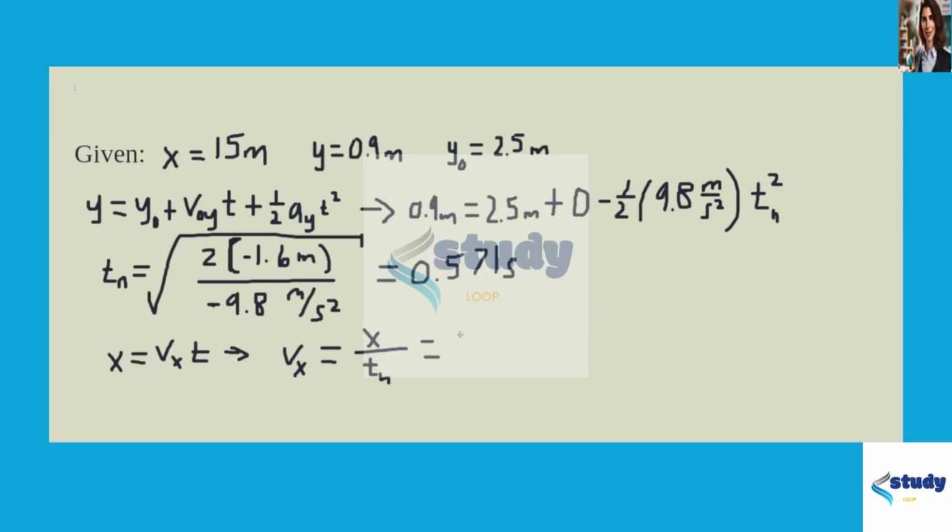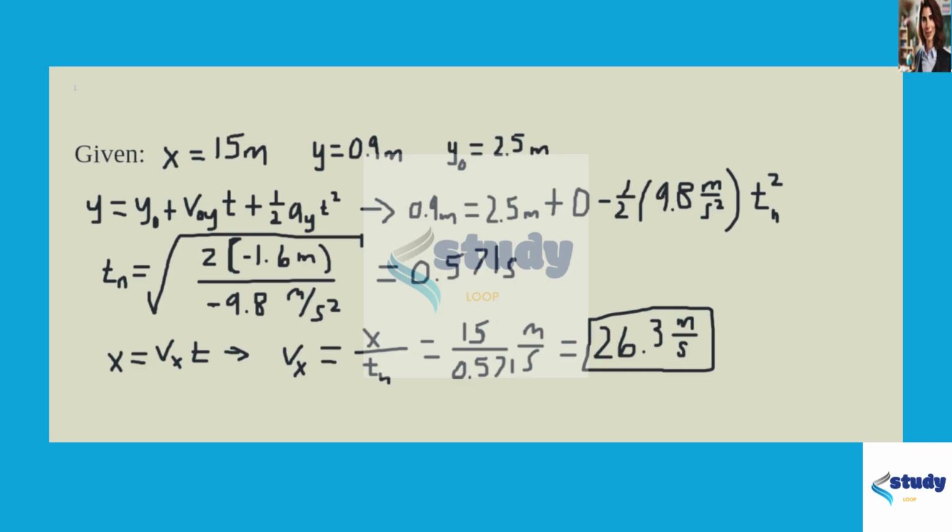This is equal to 15 divided by 0.571, in meters per second. You plug this into a calculator and you find that the velocity in the x direction is 26.3 meters per second.